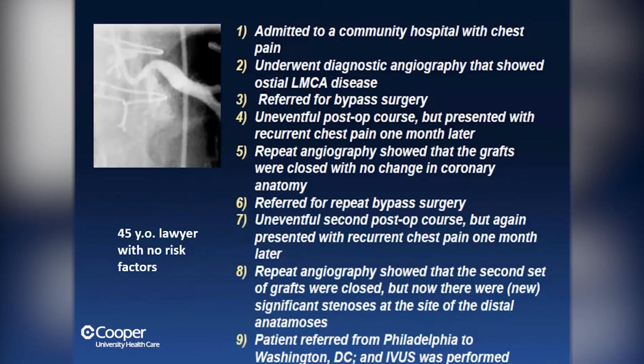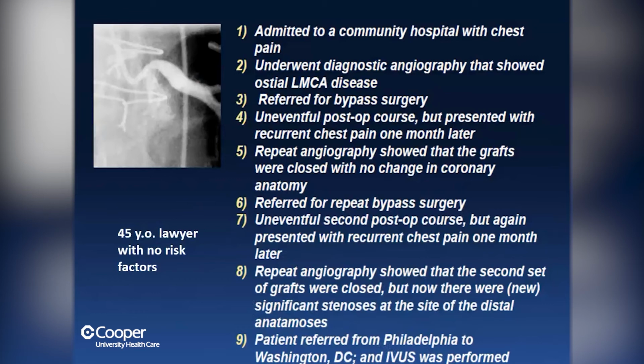I would mention this case that's been circulated in national meetings, and it comes from the suburbs of Philadelphia. It's a 45 year old lawyer with no risk factors who was admitted to the hospital with chest pain. Catheterization showed an ostial left main lesion, as you see here, and you also see the sternal wire.